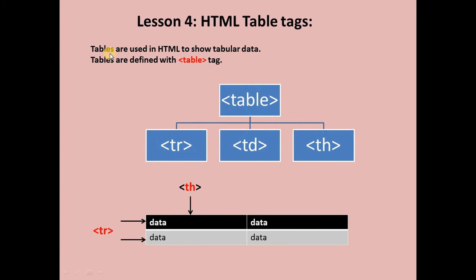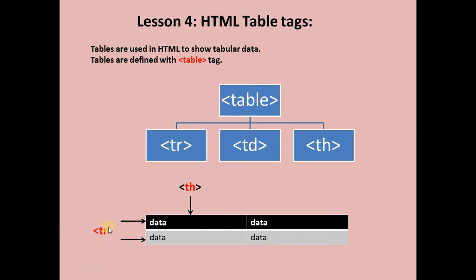As I just now said, tables are used in HTML to show tabular data. Tables are defined with the table tag. The table tag has three basic tags, which are the table row tag, the table data tag and the table heading tag. The table heading tag, as I said, will be used to display the heading of a table.